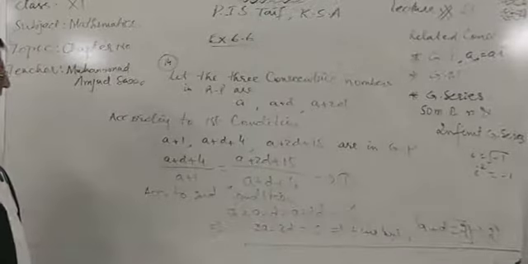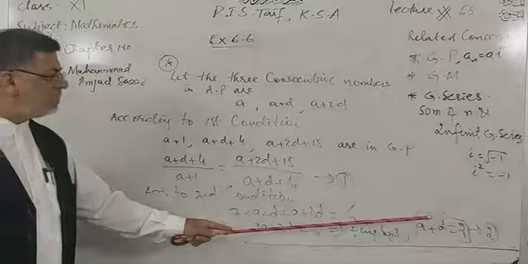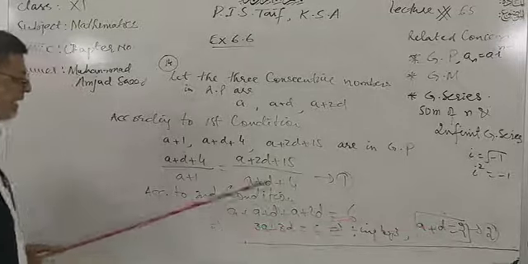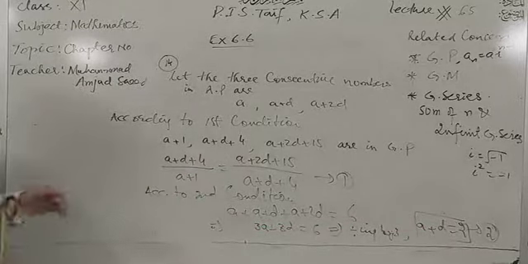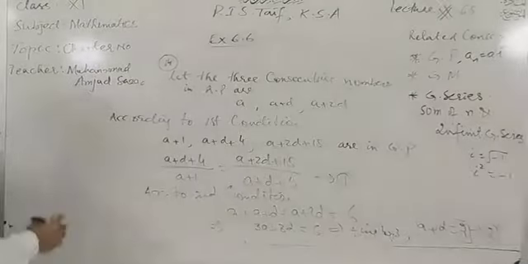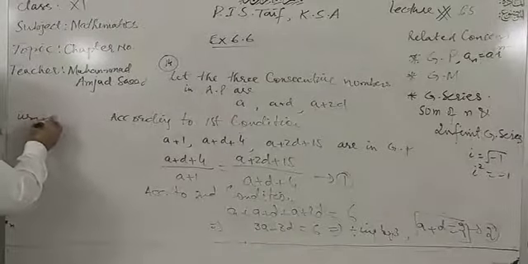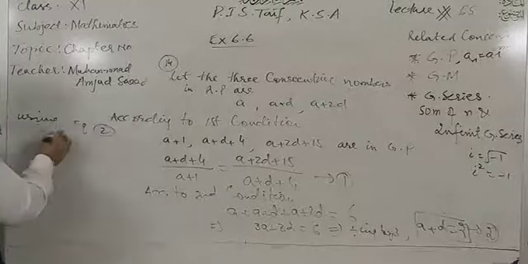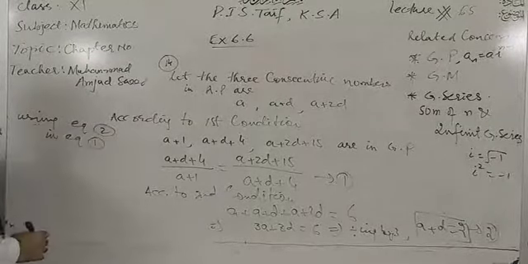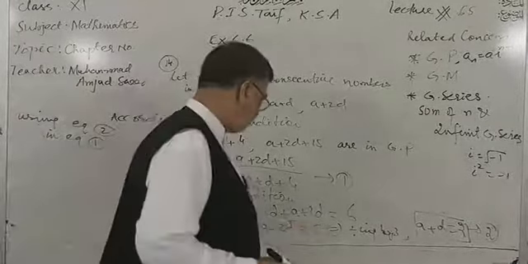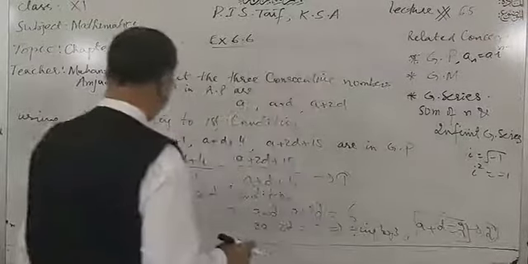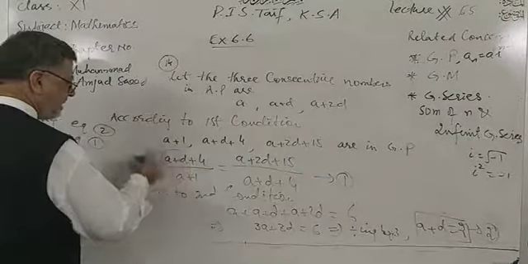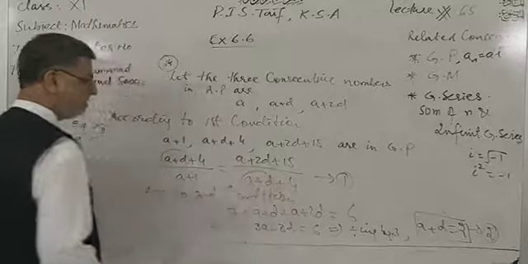Now, dear students, using the value of A plus D from equation 2 in equation number 1, A plus D is 2.